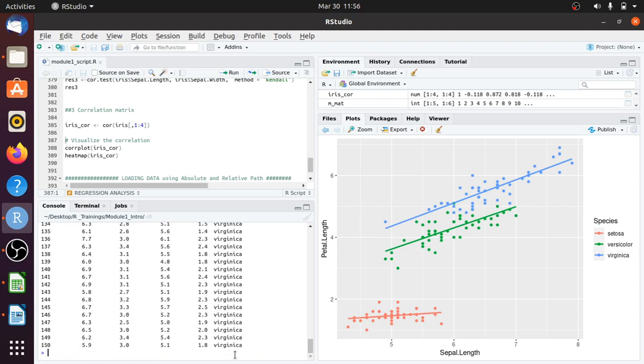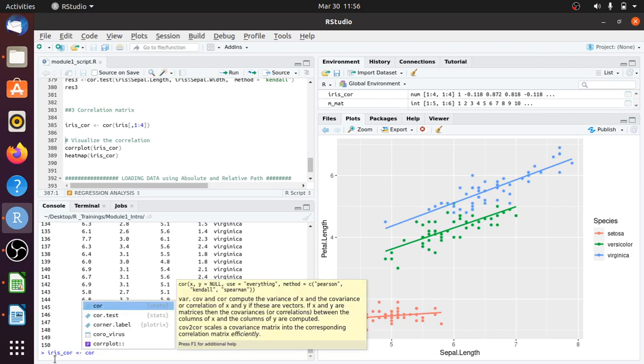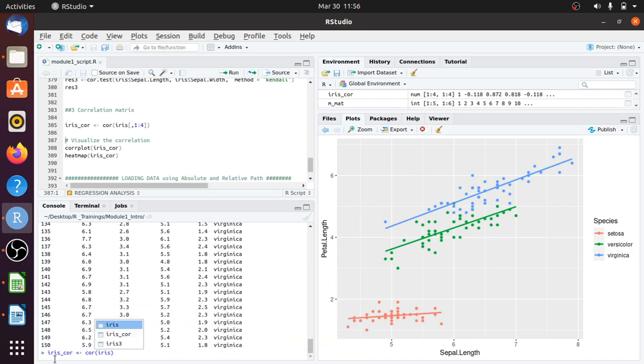Okay, so I now save that as iris. I said iris core, because for a correlation matrix you use cor. Give me columns 1 to 4 and perform a correlation matrix on it.